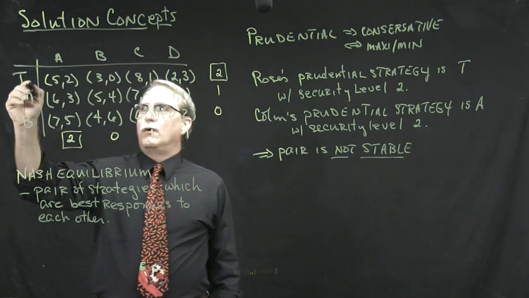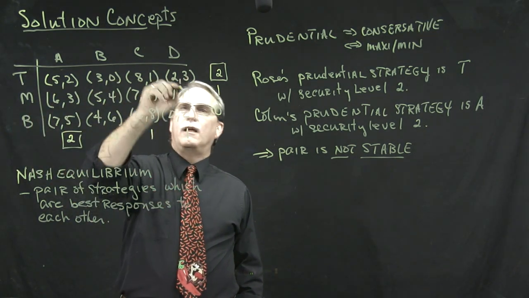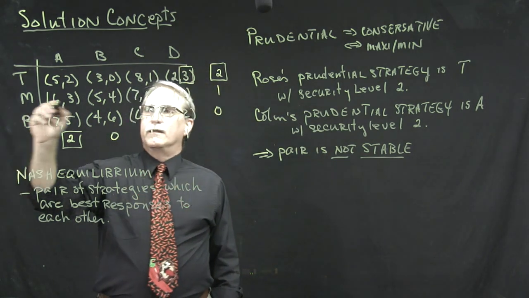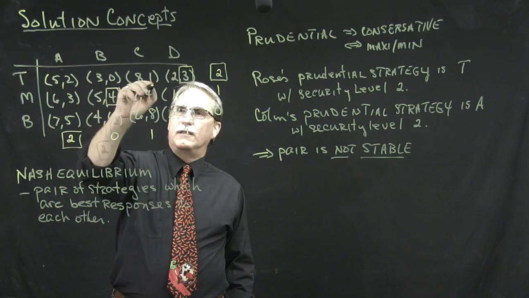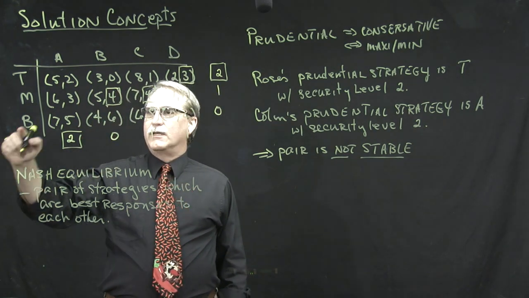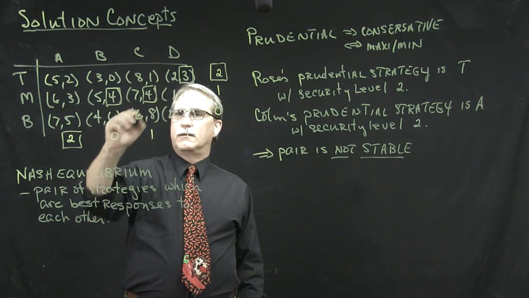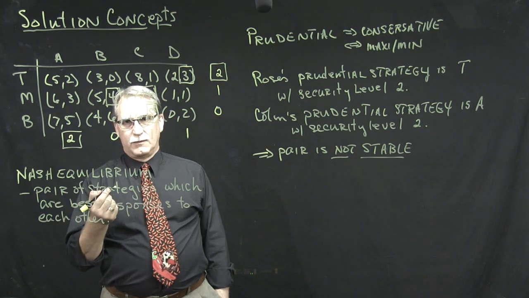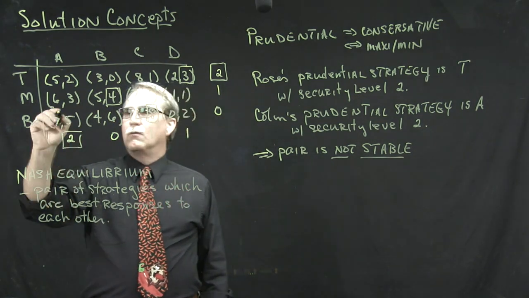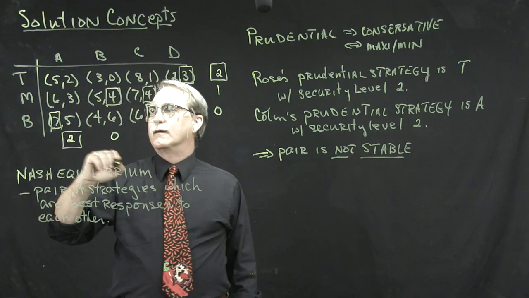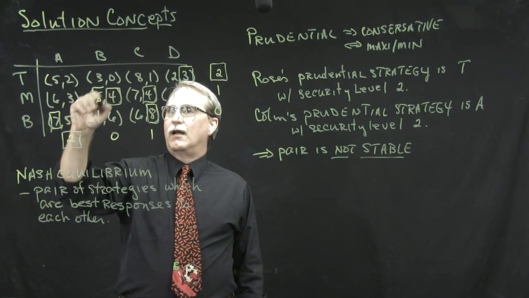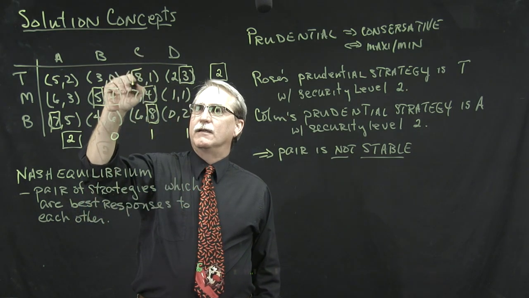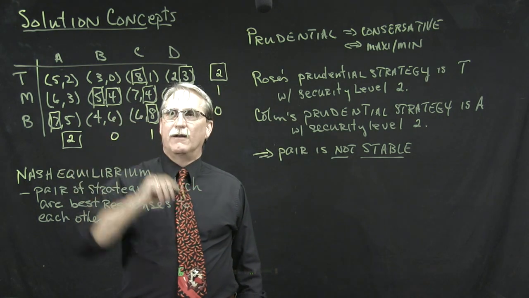So in the top row, if Rose is playing in the top row, Colin's best response is to choose D. If she's playing in the second row, his best response is either B or C. And if she's in the third row, his best response is C. Conversely, from Colin's point of view, if Colin is in column A, Rose's best response is B. Her best response to column B is row M. Her best response to column C is row T for a payoff of 8.